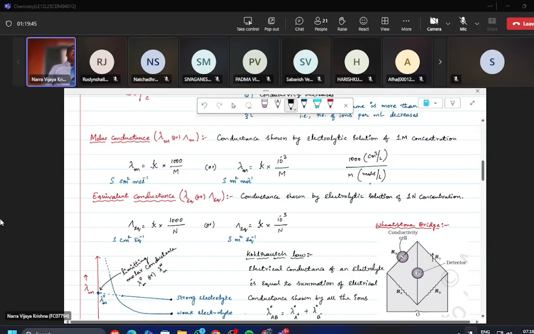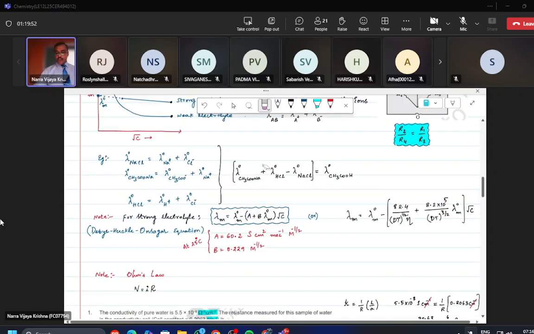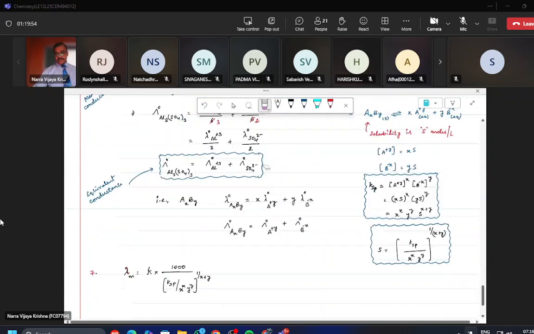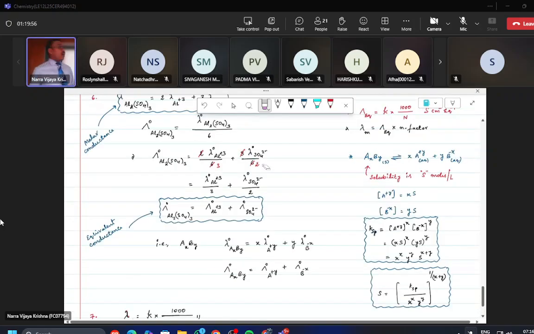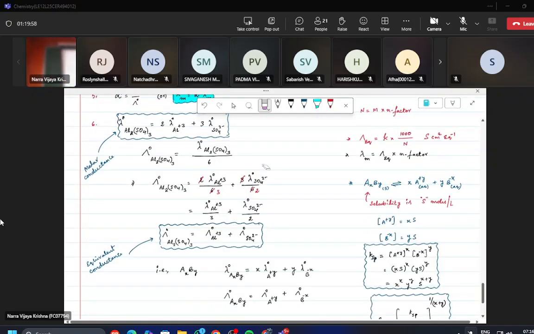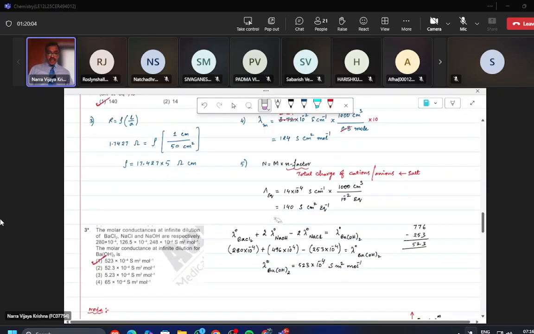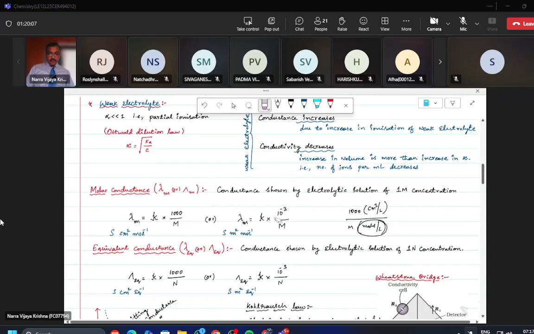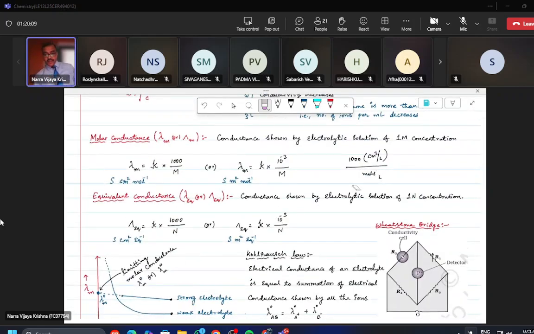So moles per liter means nothing but solubility of AXBY. Yes, moles per liter, right? So directly, instead of this M in moles per liter, I am writing solubility.